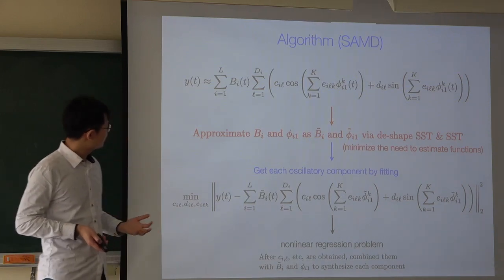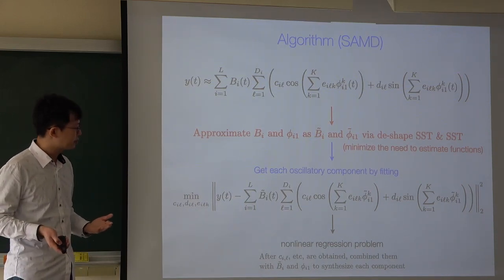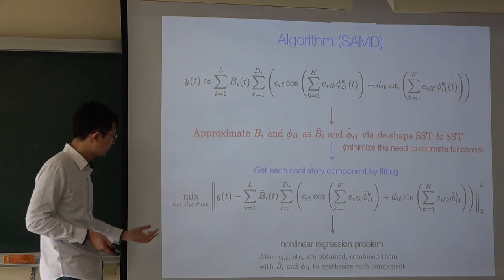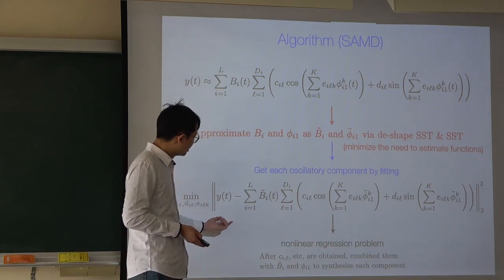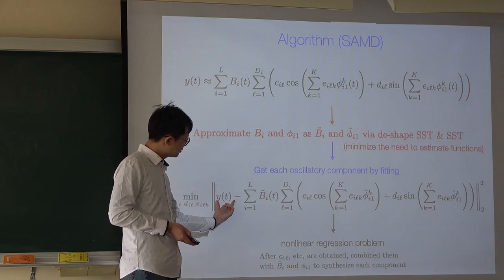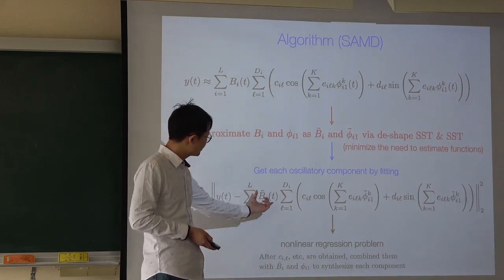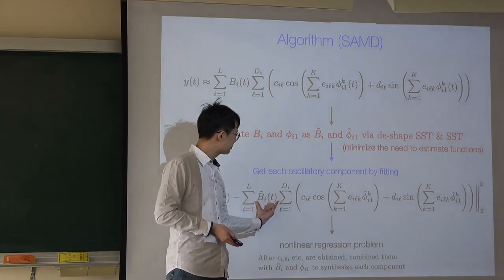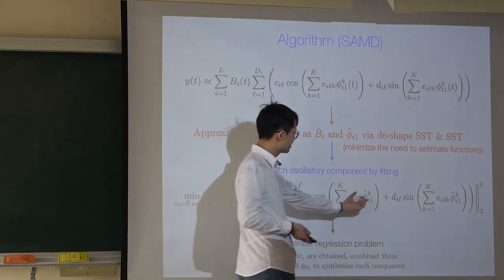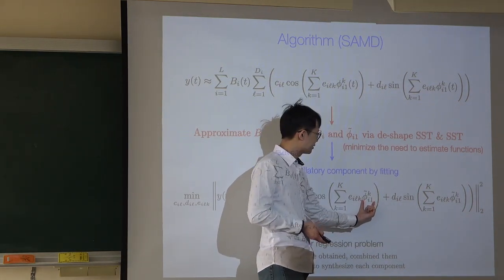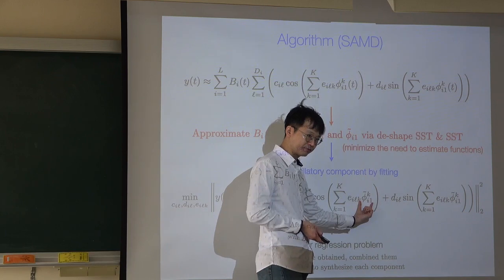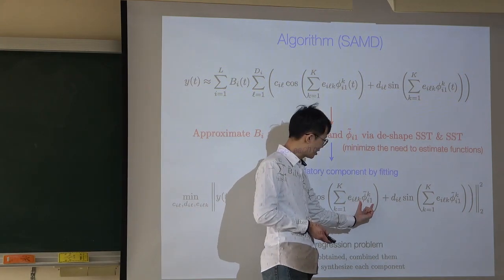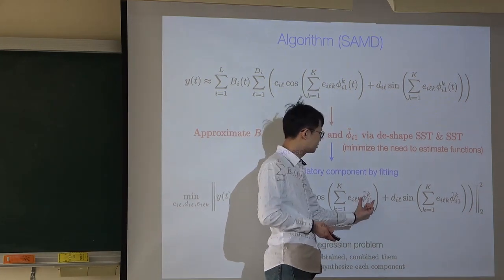So the SAMD algorithm is now just an approximation or optimization problem. We get a noisy signal, a realization Y. We assume we can estimate the amplitude and the instantaneous phase of the fundamental frequency, up to a global phase of each component.